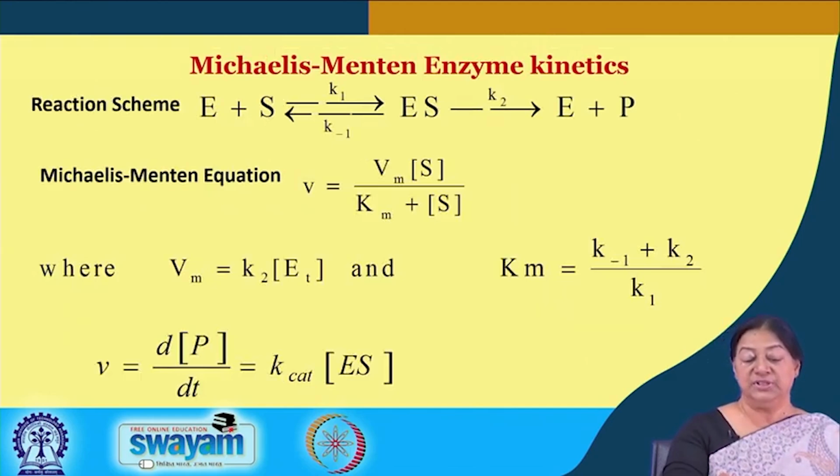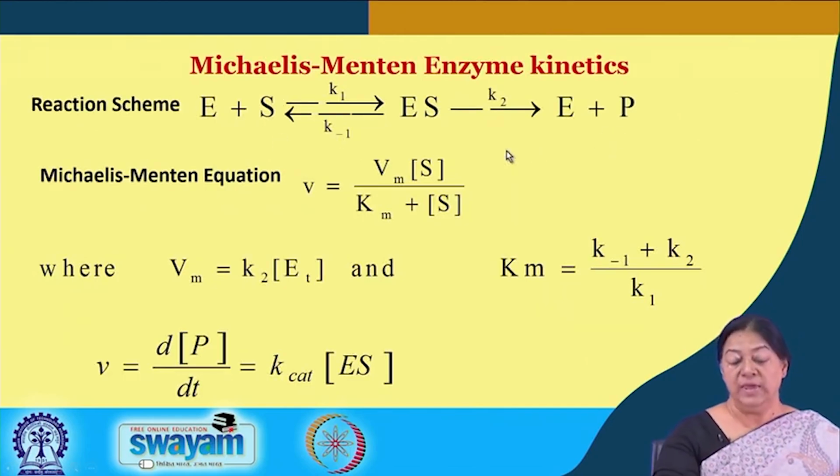In the reaction scheme that we just learnt, we can apply what is called a steady state approximation to the ES complex. What do we mean by this? We look at the rate of formation and the rate of destruction of the enzyme substrate complex.